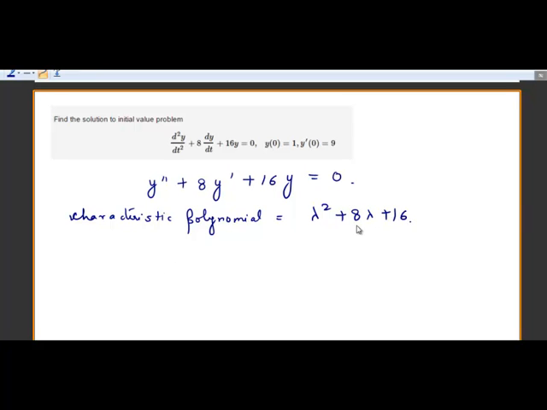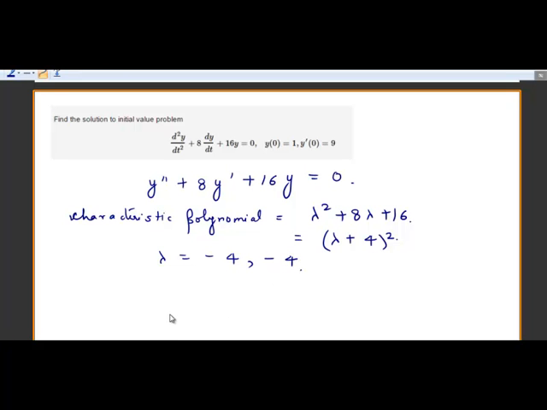Here the roots are equal, and what are those? Negative 4, negative 4. So this is a perfect square, lambda plus 4 whole squared. So lambda equals negative 4 is a repeated root.